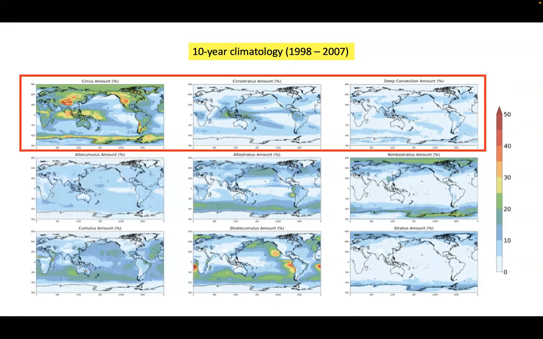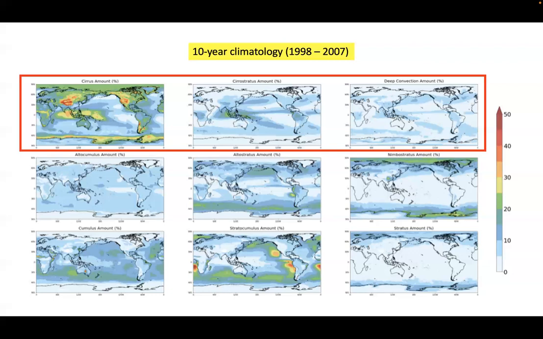The most similar ones are cirrostratus and deep convection. If you compare these two maps, they differ by amounts, but in terms of pattern, it's very similar. Cirrus clouds are more abundant, but for the tropics, the locations are once again similar, right?